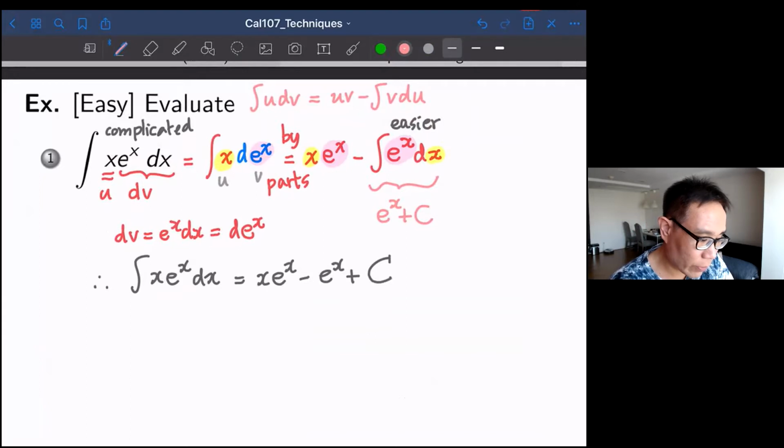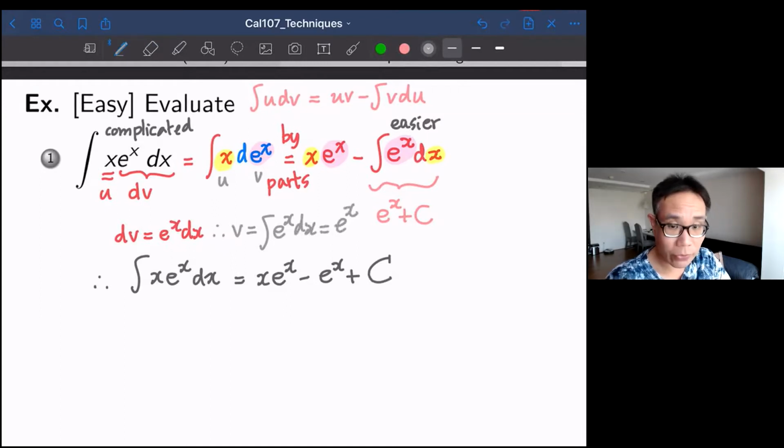If I know just dv equal to e to the x dx, how would we find v? It's going to be the integral of e to the x dx, which is just e to the x plus c.